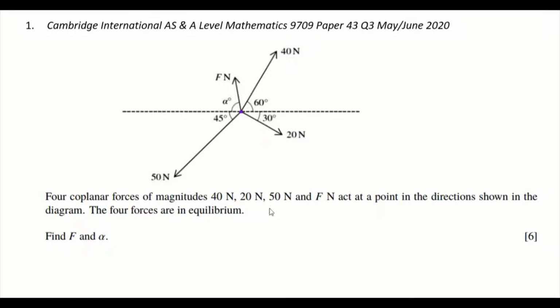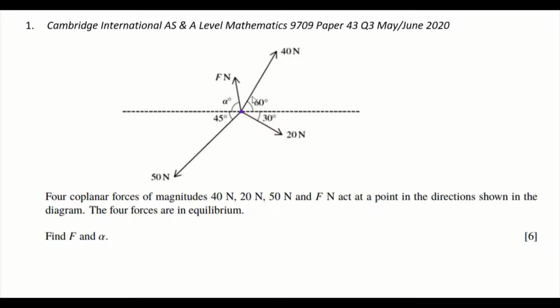So since we know that the four forces are in equilibrium, no matter at which direction you are looking at, the net force or the resultant of the components will always be zero. Okay, and then the resultant force for the whole diagram will be zero as well. So what we try to do is do exactly what you need to do when you try to resolve the force.